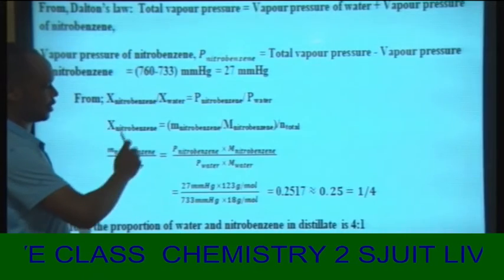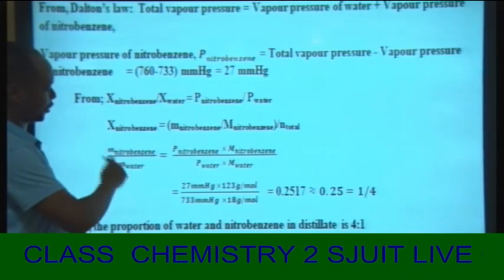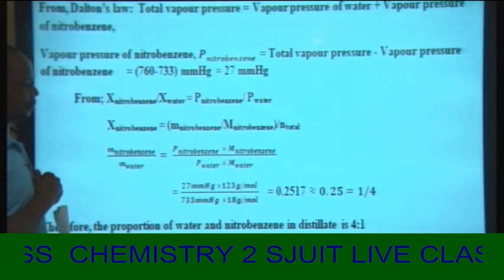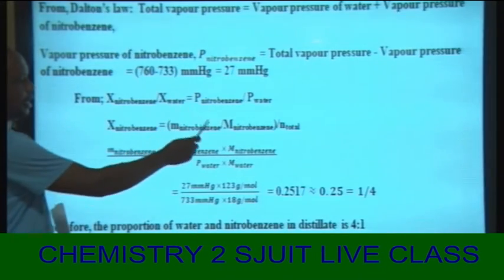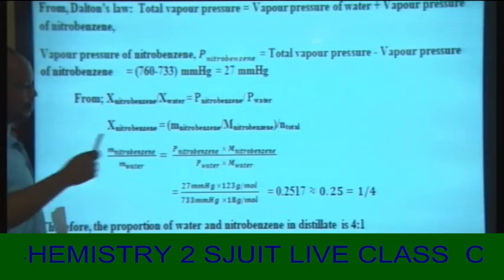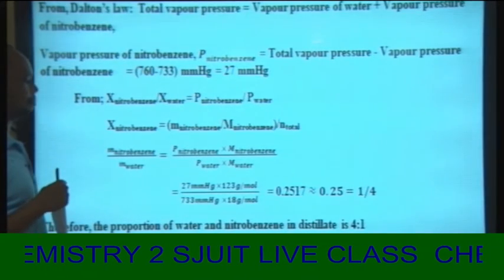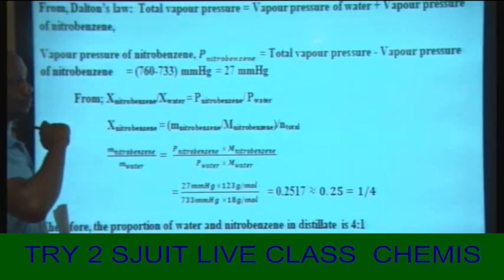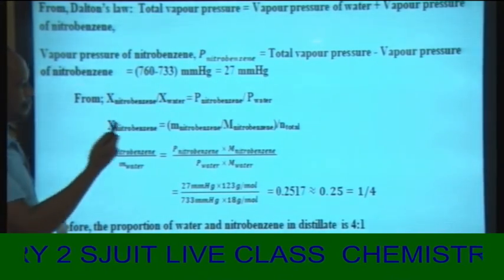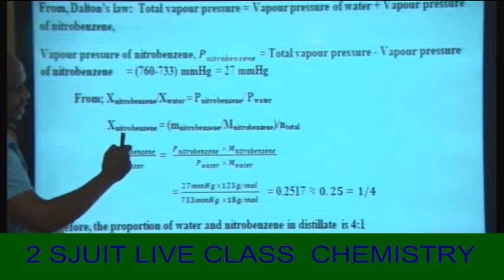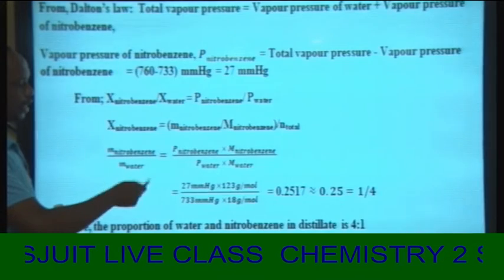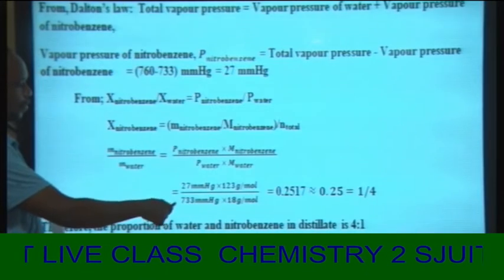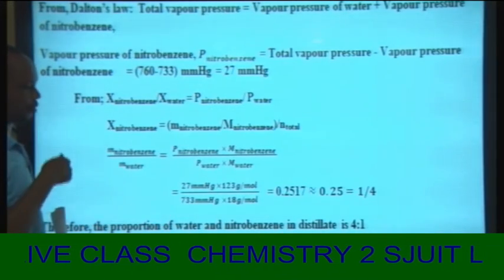From this expression, a proportion between nitrobenzene and water has been established, simply from their vapor pressures and molecular masses. Vapor pressure of nitrobenzene was 27 millimeter of mercury. Vapor pressure of water was 733 millimeter of mercury. Again, we need to use the molar mass terms to find the required proportion.